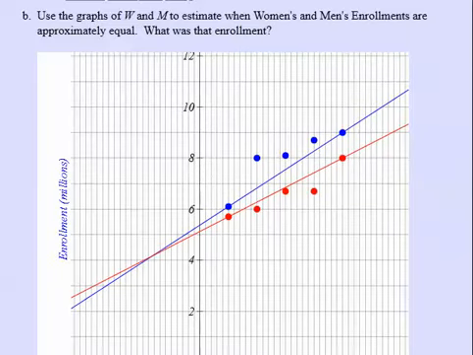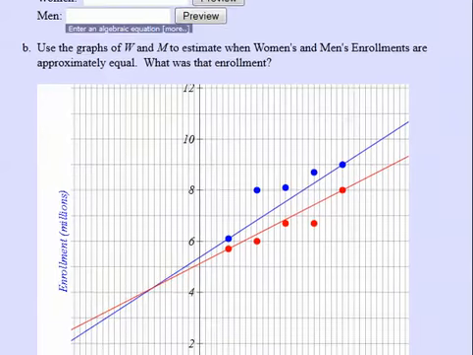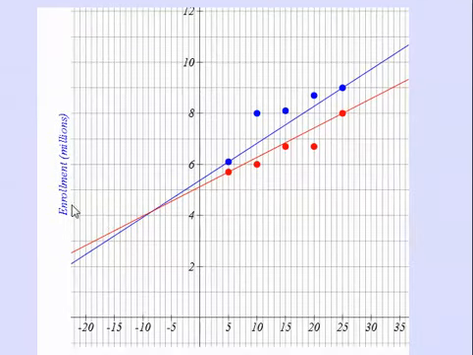Use the graph of the equations to estimate when women's and men's enrollments are approximately equal. So we see here that back here is when men and women were approximately equal. We see that men are increasing at a higher rate, and we see here that the enrollments of men were higher than women here, and lower than women here.